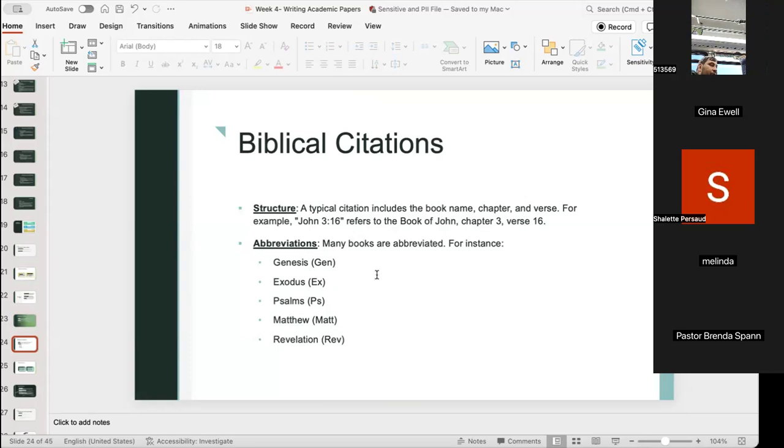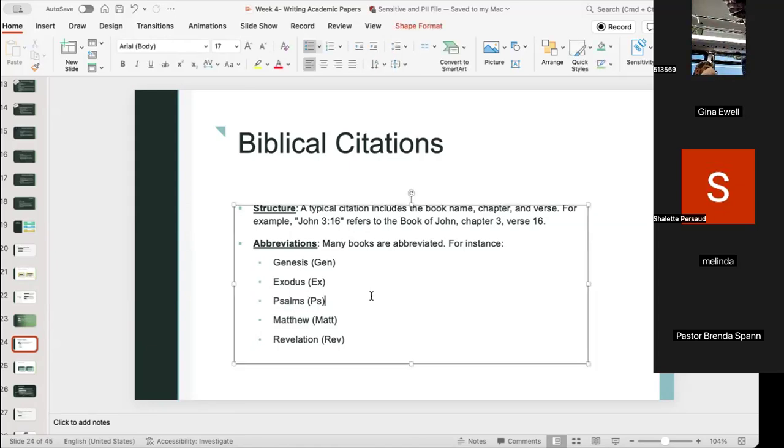So of course, this refers to the book of John, chapter 3, verse 16. Sometimes the books of the Bible are abbreviated. That's fine. I'm not opposed to that. I thought this one was a little bizarre. The PS for Psalms, like Psalms is not that long, so.